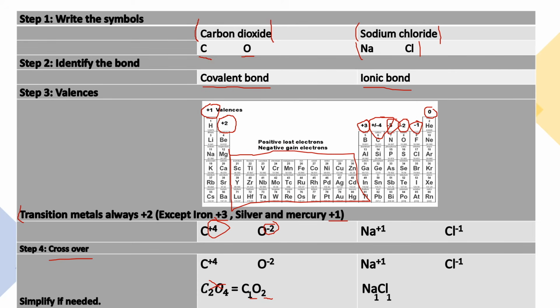Step 3 is to identify the valencies. So sodium over here has a valency of +1 and chlorine has a valency of -1. So again, the valencies get written in the top right corner of our elements. We cross them over, so the 1 of Na goes this side and the 1 of Cl goes that side.